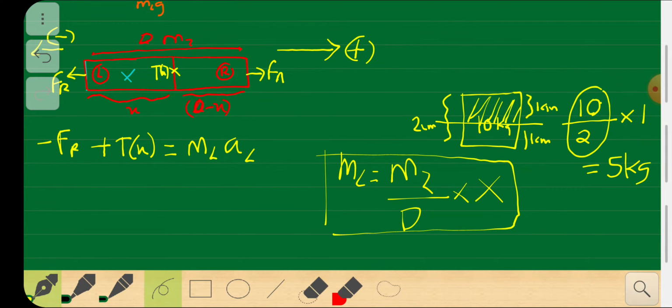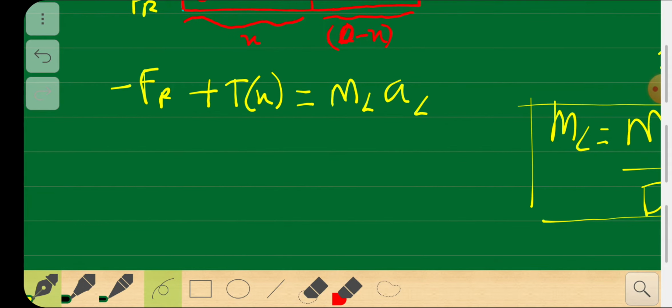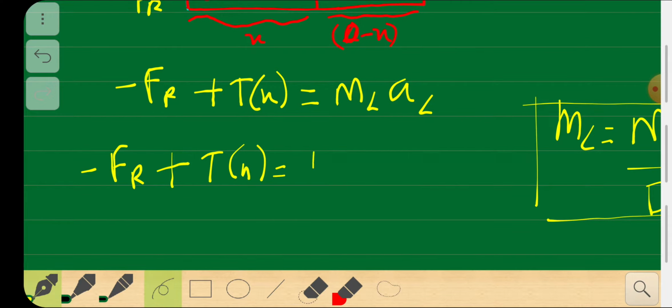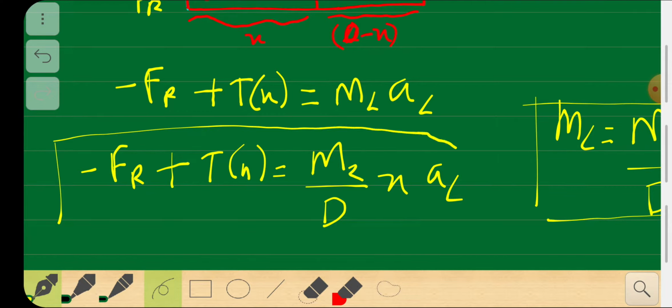So I can substitute the ml value here and I get minus Fr plus T of x must be equal to m2 by d times x times al, right? So that's the equation here. Let's call this equation 1.